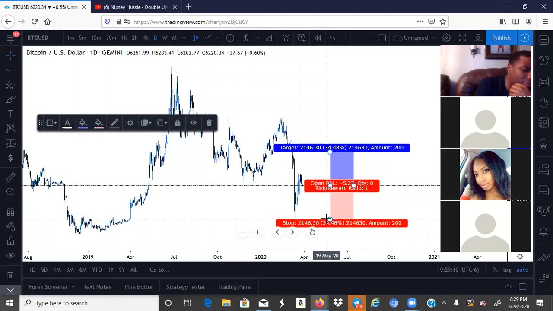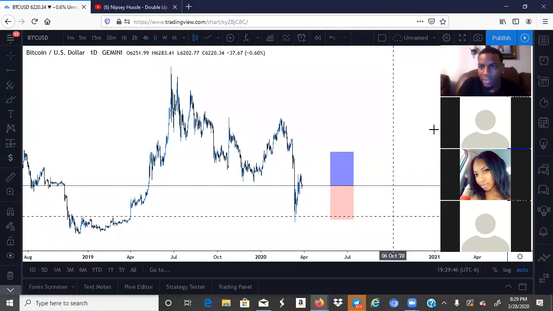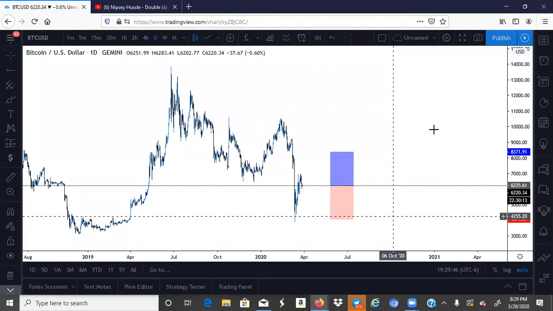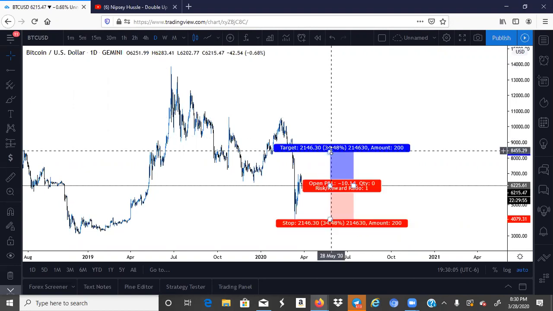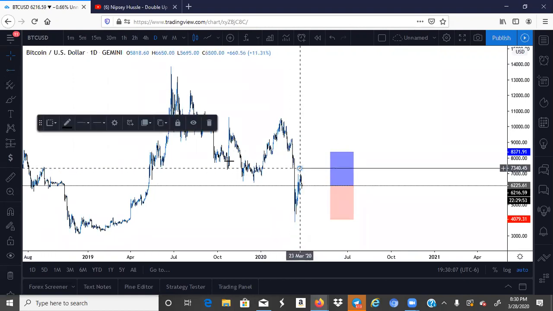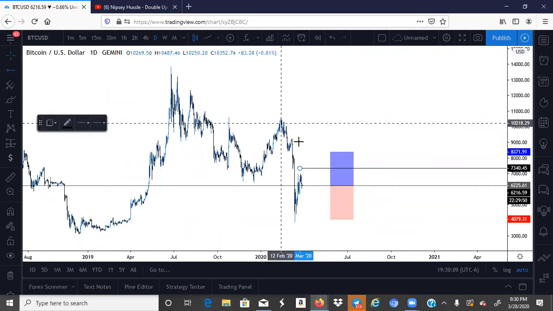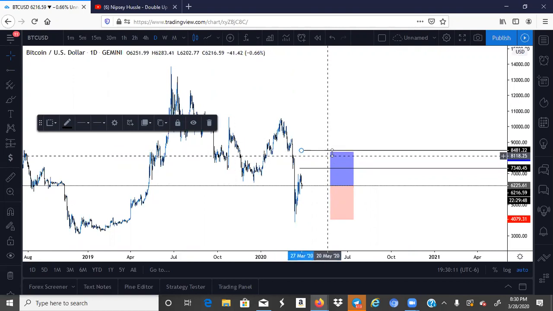On this particular trade for Bitcoin, my stop loss is 4079.31. Right? So boom. And then TP1, let's just say TP1 is here, TP2 is here.